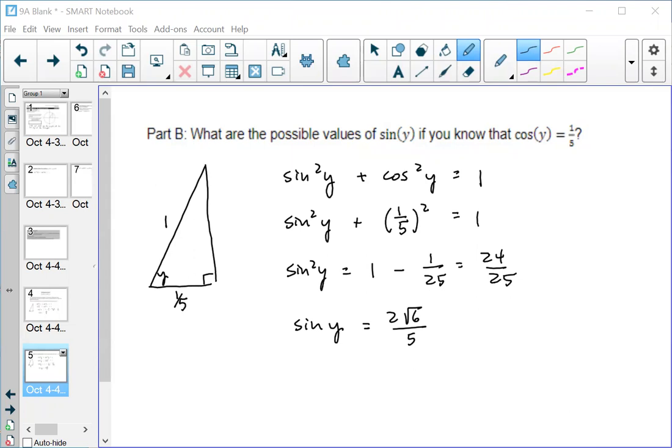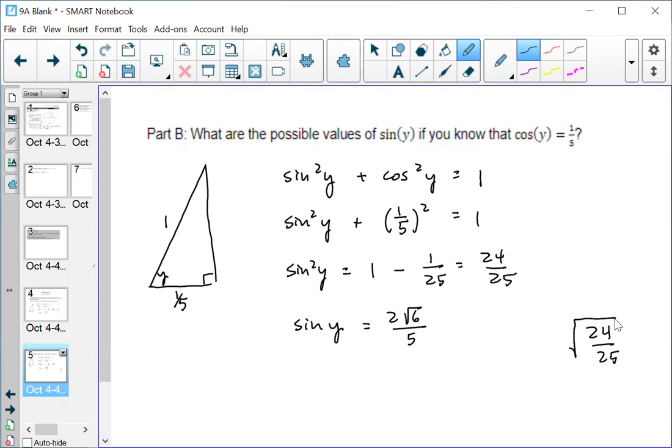Before we go on, let's just do a little bit of work here. The 2 root 6 over 5, you may be wondering where that came from. Well, if we take the square root, and I'm just going to write on the side here, we have 24 over 25.